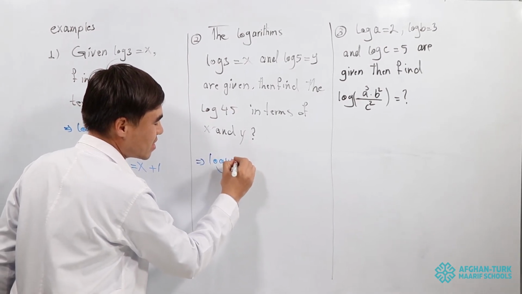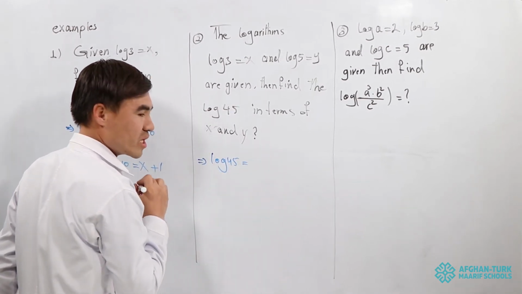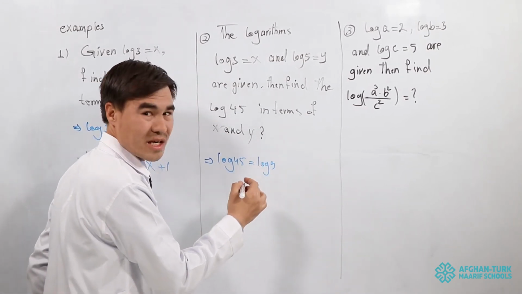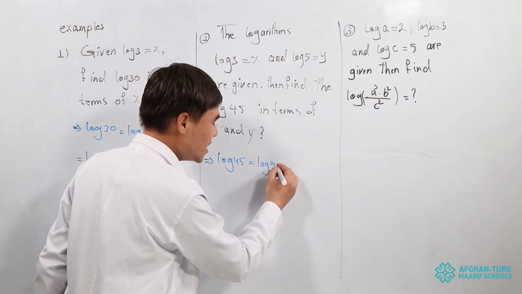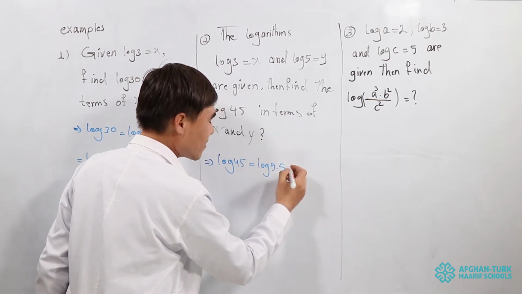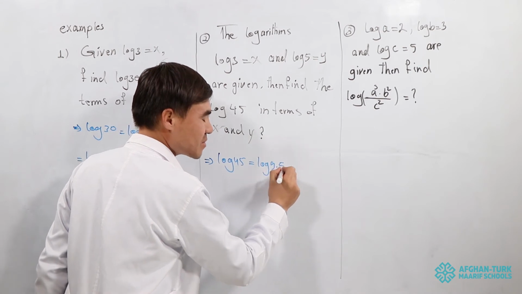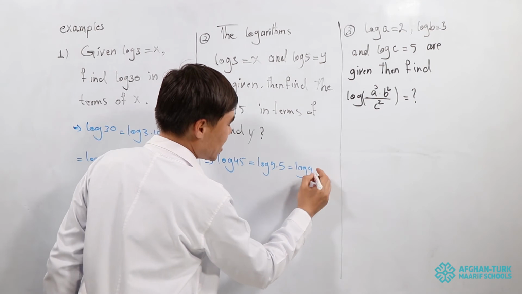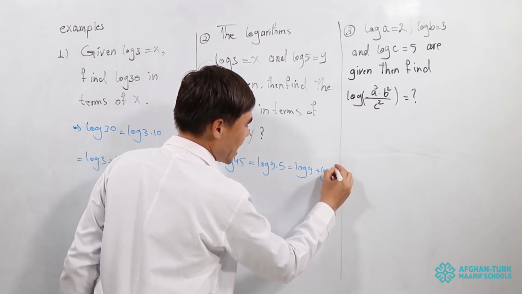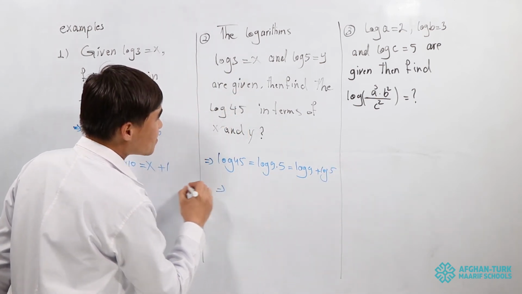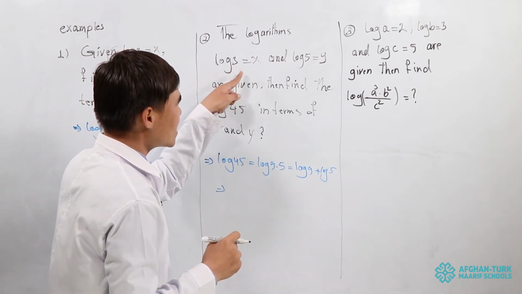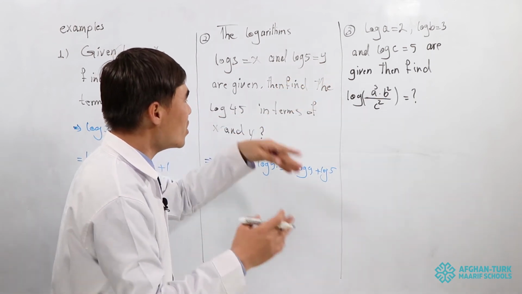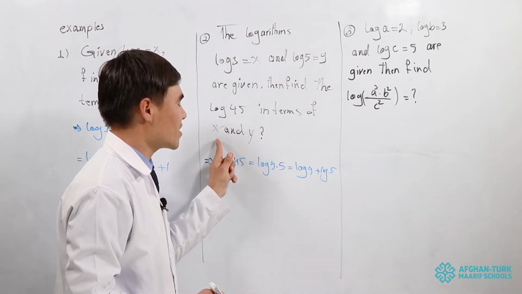Log of 45, we can write this one, log of 9 times 5 will be 45. At that time log of 9 times 5 can be written like log of 9 to base 10 plus log of 5 to base 10. Here, log of 3 to base 10 is equal with the number x, and the log of 5 to base 10 is equal with the number y. How can we find log of 45 in terms of x and y?